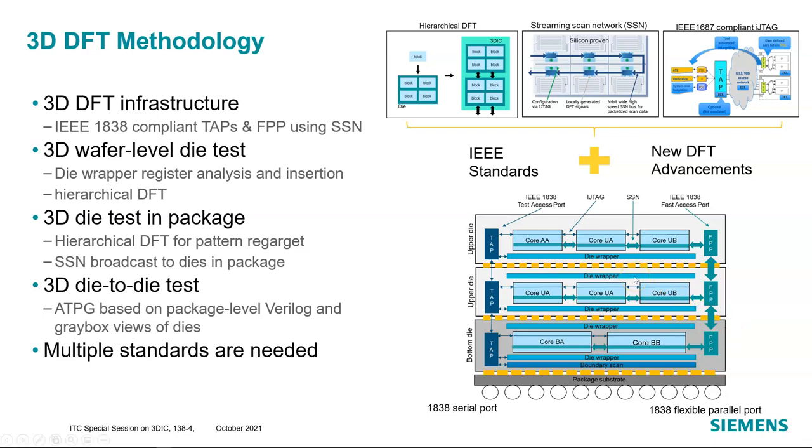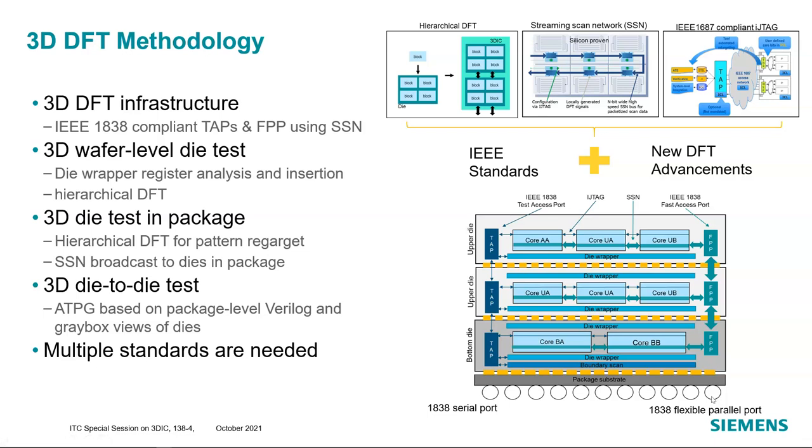Since you need die-to-die communication, we use enhanced TAPs to build the IEEE 1838 mandatory serial JTAG port for setup and access management. In order to transfer the die scan data in and out of the package, SSN natively builds the IEEE 1838 flexible parallel port by providing packetized streaming data to each die and its sub-die level for performing test pattern generation.